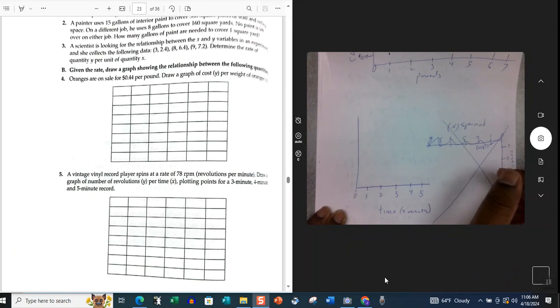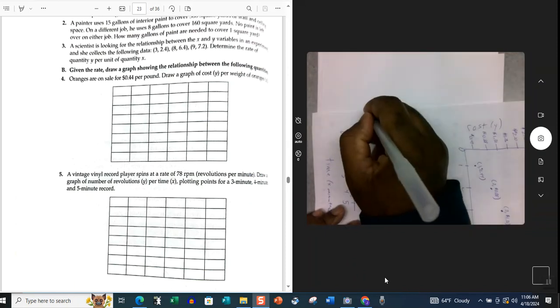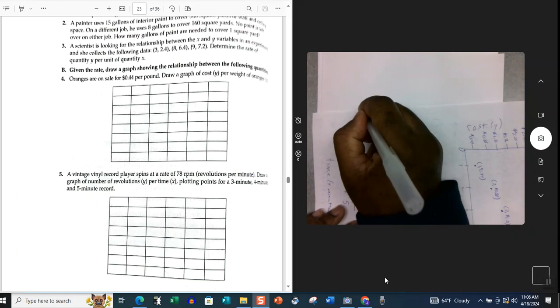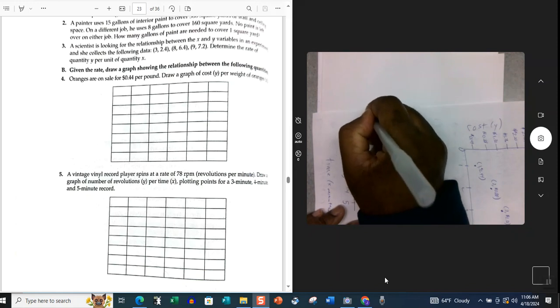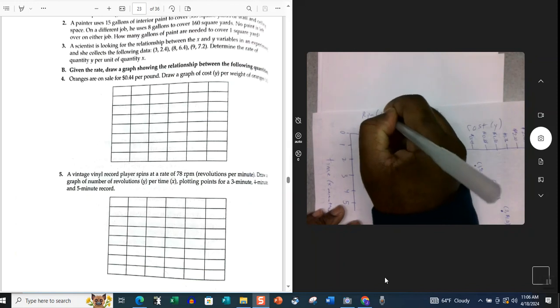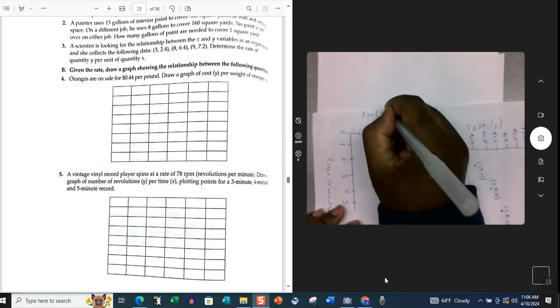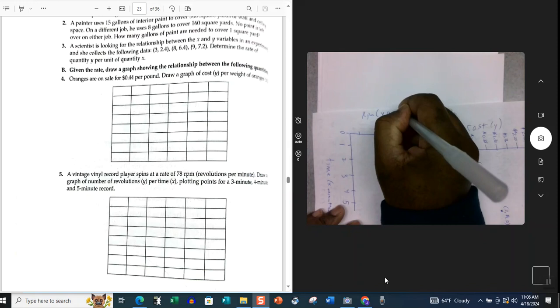So time, we know it's in X minutes. Now, down the side, we do the revolutions. So if you notice, it's 78 RPM, revolutions per minute. So we'll do revolutions, we'll put RPM, and then we'll put Y and revolutions per minute.